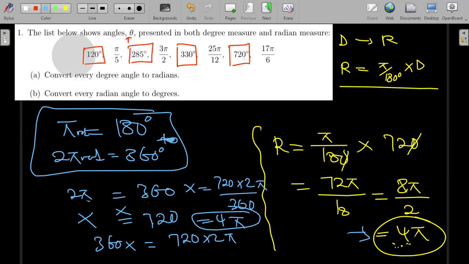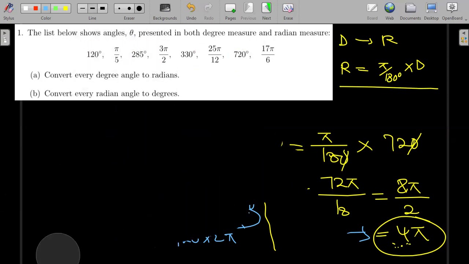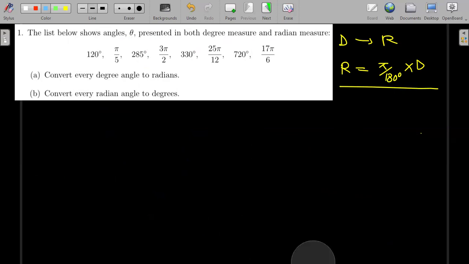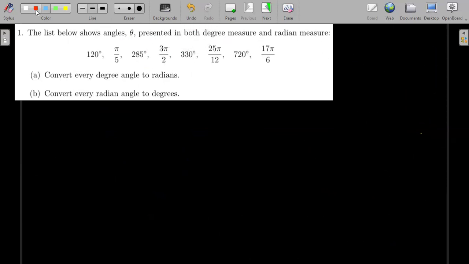All right, so we are done converting degrees to radians. Let's now do the opposite. Now we are converting from radians to degrees. There's also a formula that you can use: the angle in degrees is equal to 180 degrees over pi times the angle in radians that you've been given. Let's start with pi over 5.